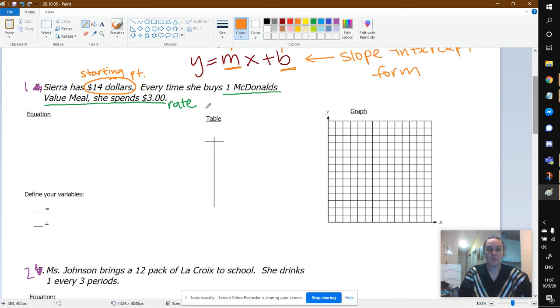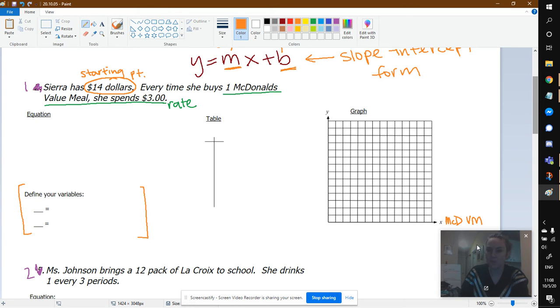Let's do the table first. No, I lied. Let's define our variables first. I am going to make my x-axis McDonald's value meals purchased.